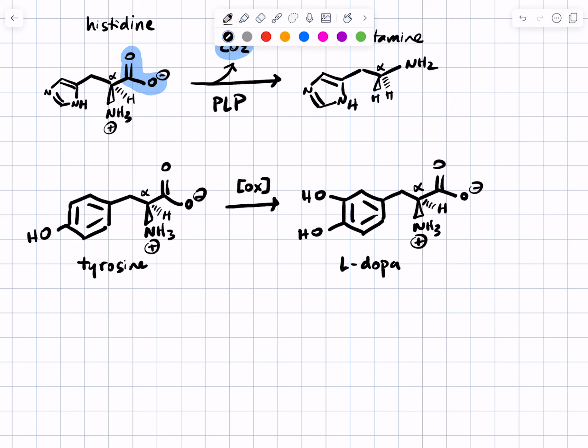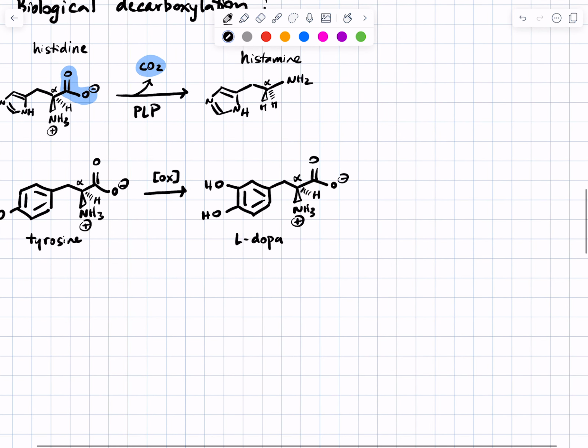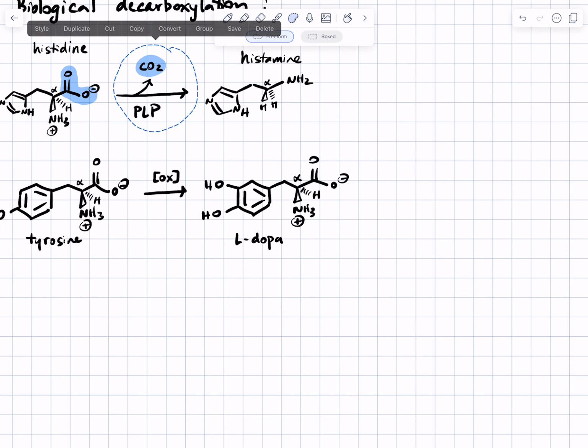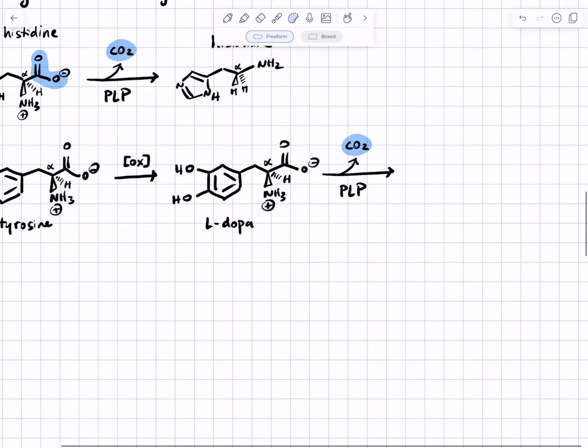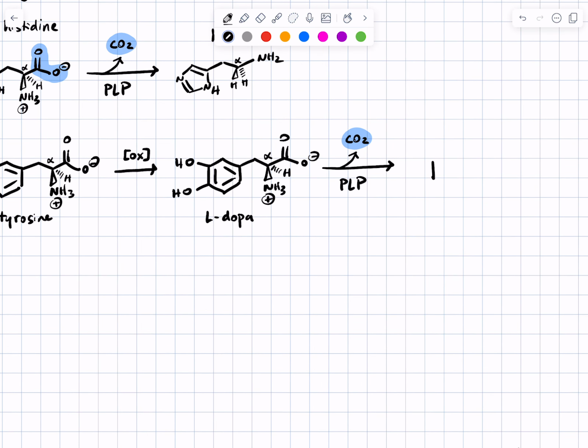It's called L-DOPA. And you can do the decarboxylation reaction mediated by PLP. And what's left behind when you do that is still the benzene ring with the 2 OHs. But again, the CO2 group is gone, and in its place, you've got a proton on what used to be the alpha carbon. And this is called dopamine, which is a neurotransmitter, and you hear about it a lot lately.